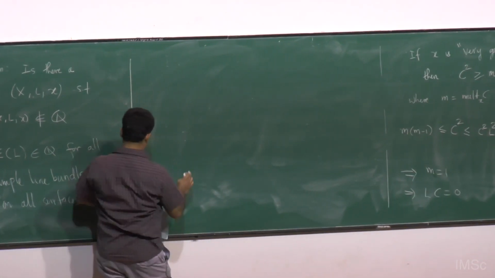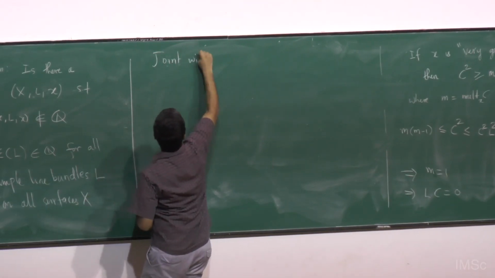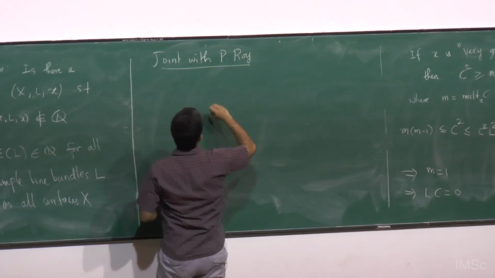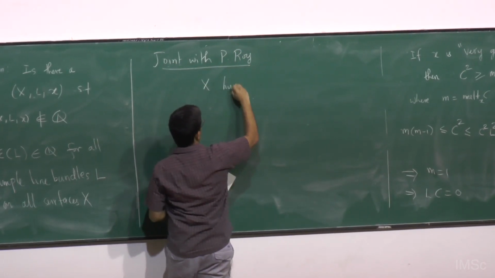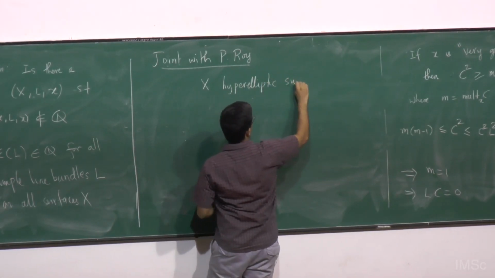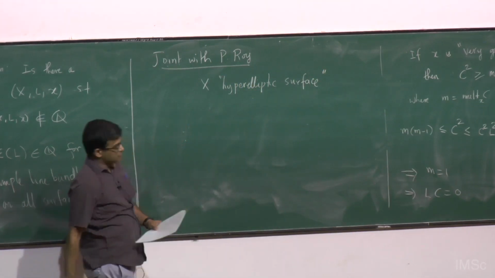Okay, so first I want to quickly talk about something that I did with Praveen Kumar Roy. In this case, we looked at hyperelliptic surfaces. So what is a hyperelliptic surface?